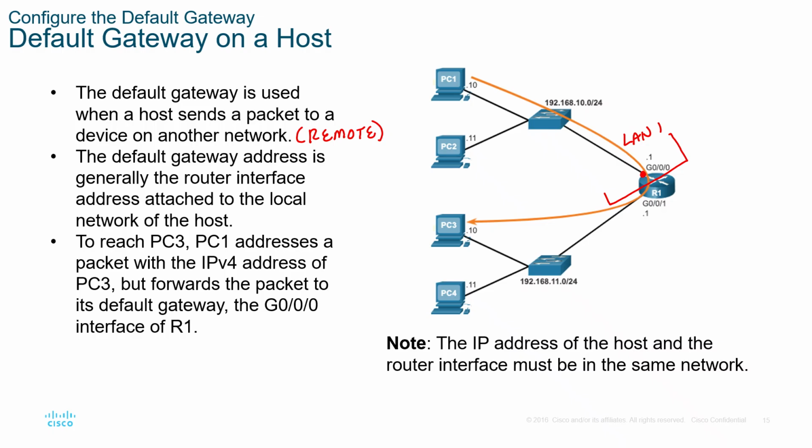And G0/0/1 is the default gateway for LAN 2. So on LAN 2, PC3, PC4, and switch 1 have a default gateway of this.